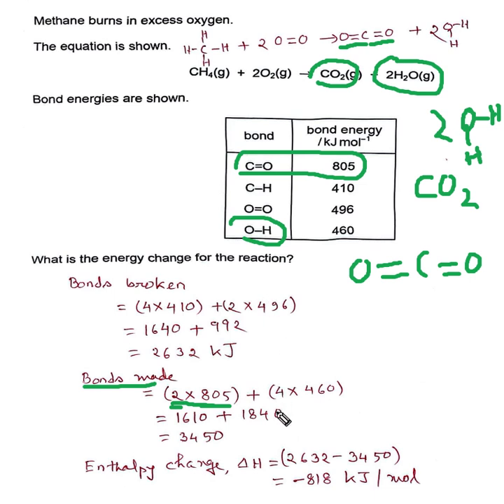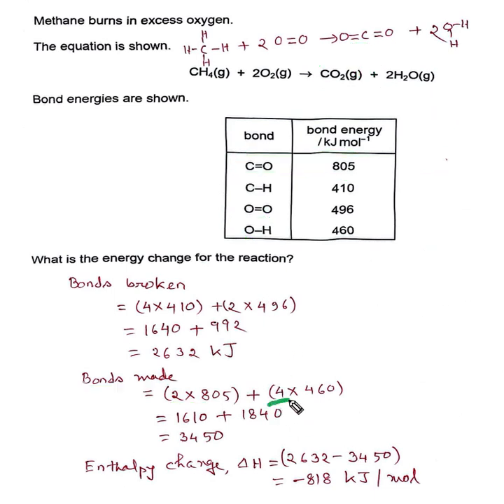Now 4 times 460, which is the given oxygen hydrogen bond energy in kilojoule. So if you calculate, you get 3450 kilojoule.